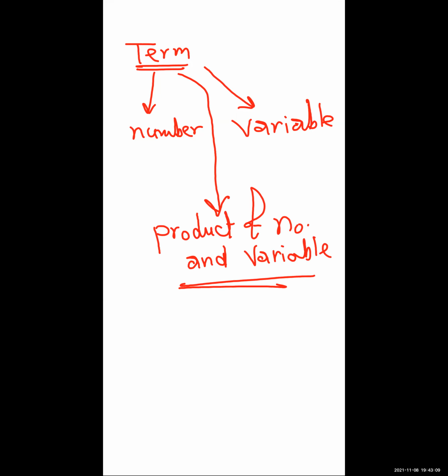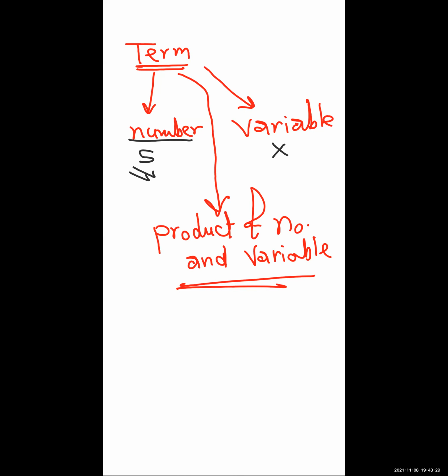Okay, let's clarify this point. We can consider that a number is a term, like the number 5. So 5 is a term, yes. A variable like x is a term, yes.